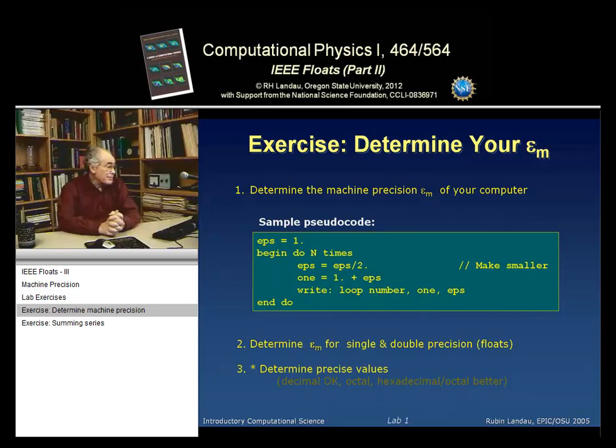Now, as optional, do a better job. Determine what this machine precision is to as good a number as you can. How do you do that? Well, obviously if all we're doing here is dividing by 2, you can only get the answer within a factor of 2. See if you can do better than that. But don't be dumb.